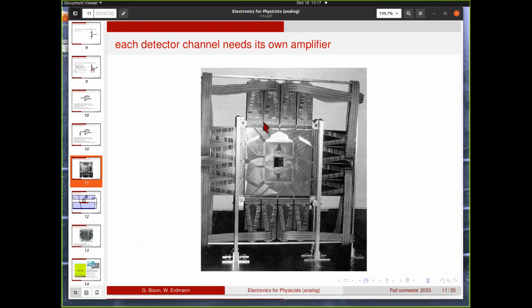Discrete amplifiers, because you need a separate amplifier for each channel of this strip detector. So it worked. It was in a so-called fixed target geometry where it was enough to measure particles flying through this little volume. But obviously that doesn't work in a detector like CMS, where everything needs to be compact. So this picture clearly shows why we don't use discrete amplifiers, but we need to go to integrated electronics for our detectors.